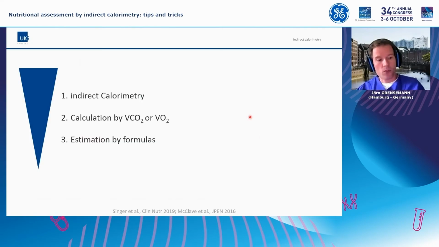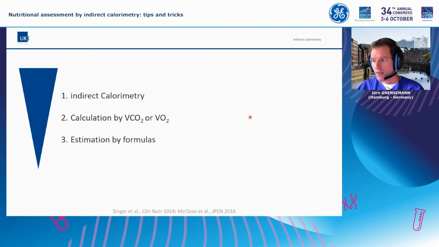So if we have to pick a method, then I would always prefer indirect calorimetry. Calculation of nutritional requirements just by carbon dioxide release or maybe oxygen uptake is not as valid as indirect calorimetry.